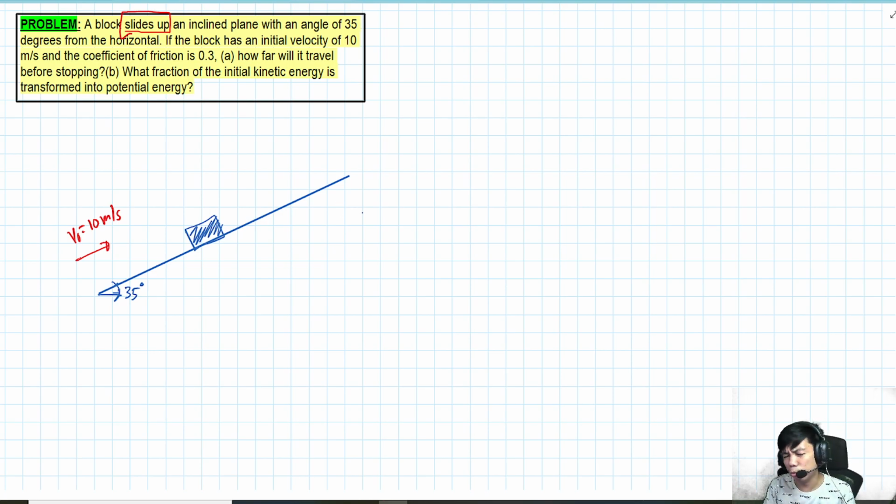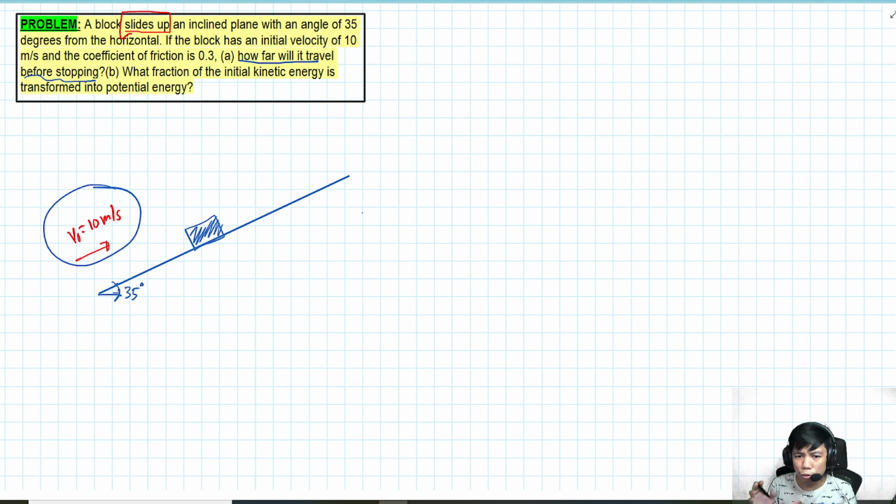Ibig sabihin guys, na meron tayong deceleration. Pag meron deceleration, ibig sabihin, meron tayong unbalanced force. Pag tingnan mo kasi yung first problem dito guys, how far will it travel before stopping. Kung meron ka na dito initial speed or velocity, ibig sabihin, ang kailangan mo na lang dito to get the distance is the acceleration.